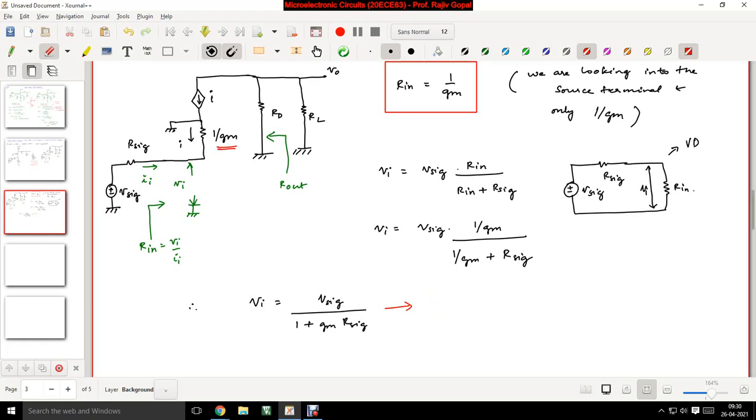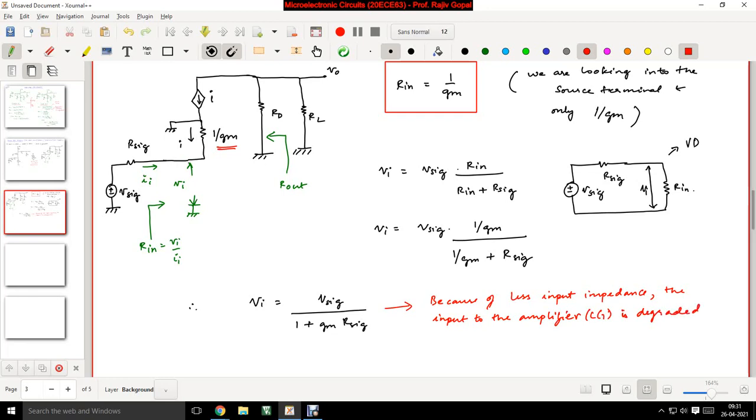It means that because of the less input impedance, the input to the amplifier, the common gate amplifier, CG, is degraded.